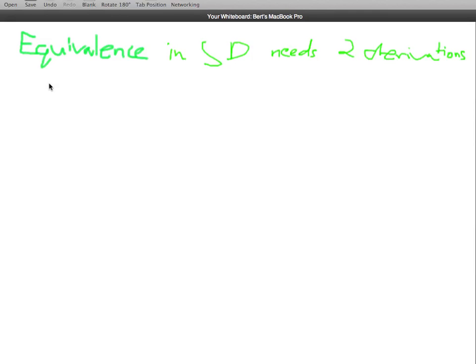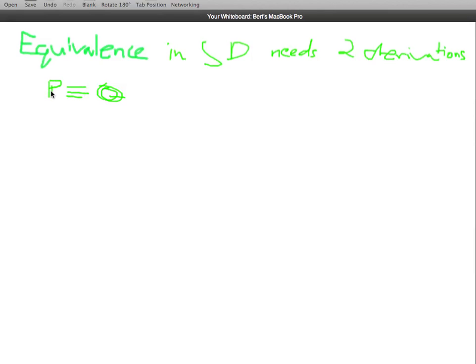So suppose we want to show that P is actually equivalent to Q, and I'm using this as a meta language operator here, not the operator in our object language SD, right?